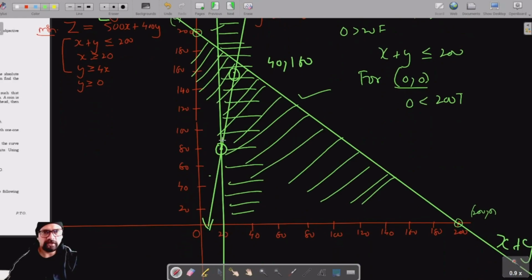So that means this has the graph in this plane. If we try to find the common region, our common region is this one. This is the common region.